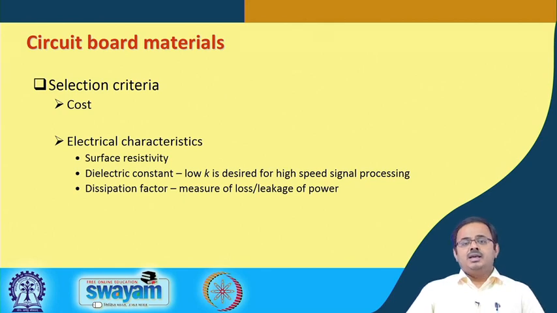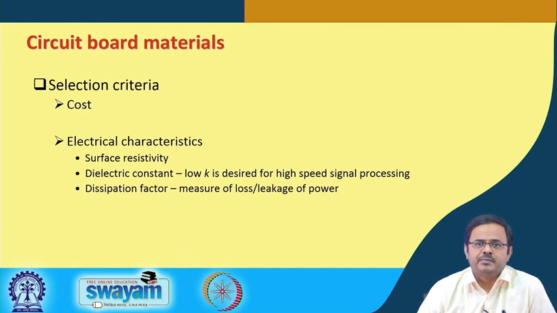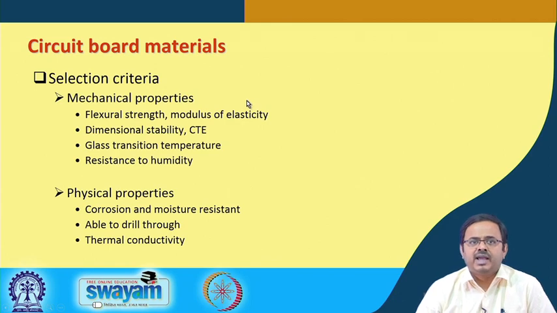Then dissipation factor, which is the measure of leakage power or leakage current. So, loss or leakage of power, that is the dissipation factor, very important for the circuit board material. So, cost and electrical characteristics are very important, but so are mechanical properties.